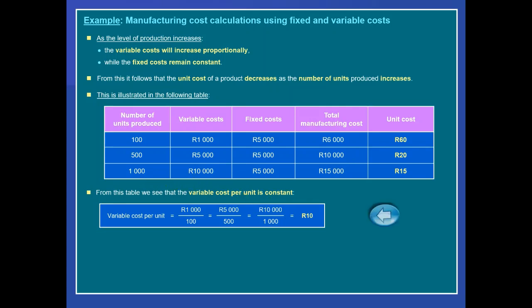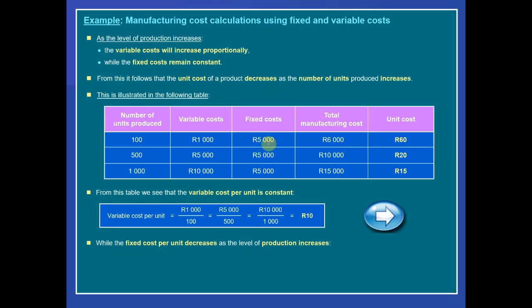They all result in an answer of 10 Rand. That's why the variable cost per unit is constant, while the fixed cost per unit decreases as the level of production increases.